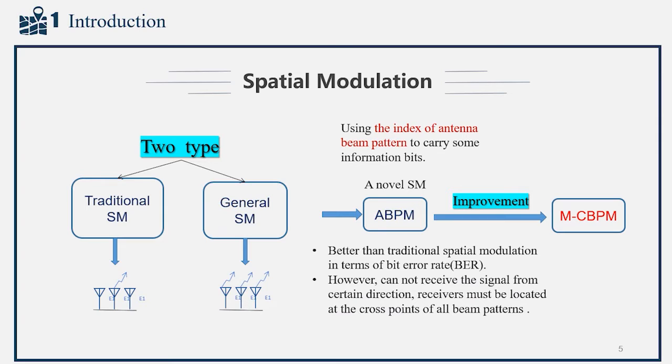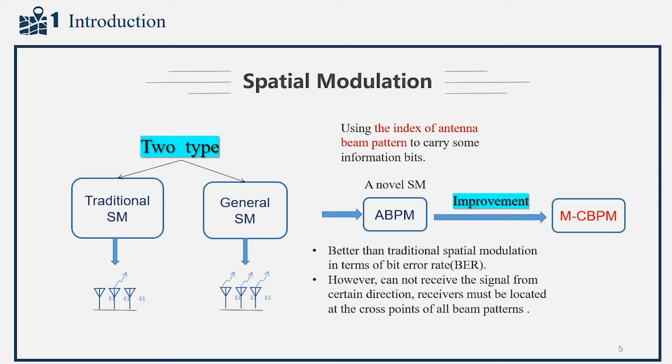According to the number of activated antennas, spatial modulation is classified into traditional spatial modulation and general spatial modulation, which activates only one antenna and more antennas respectively.